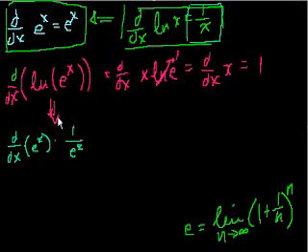Well, what else do we know? We know that this is equal to this, and we also know that this is equal to this. So this must be equal to this. So this must be equal to 1. Let's just multiply both sides of this equation by e to the x.